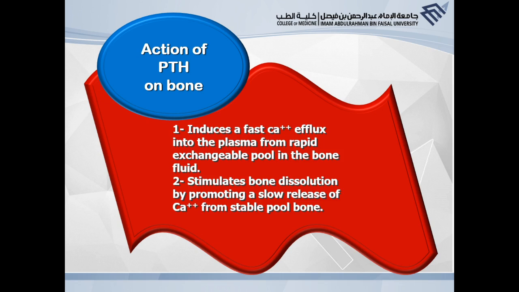Parathyroid hormone can also remove calcium from the stable pool through activation of bone breakdown, through activation of osteoclasts. So there are two processes by which parathyroid hormone removes calcium from the bone: one is the fast process, the other is the slow process.